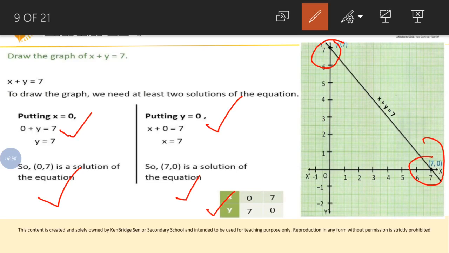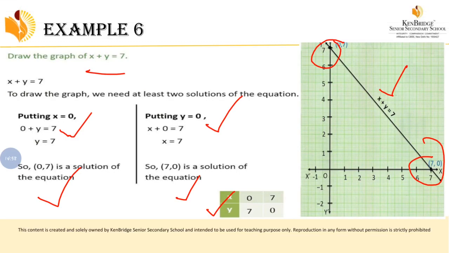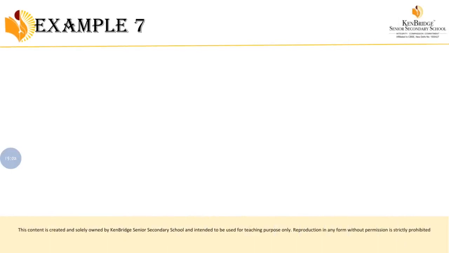These 2 points we have joined with a straight line. For the straight line, we have given the name of this equation. Whenever you are drawing the graph of a particular equation, you have to give a name to the straight line. The straight line's name will be the given equation, okay? So this is the way you have to solve a question of this type, okay? So let's move on to the next one.